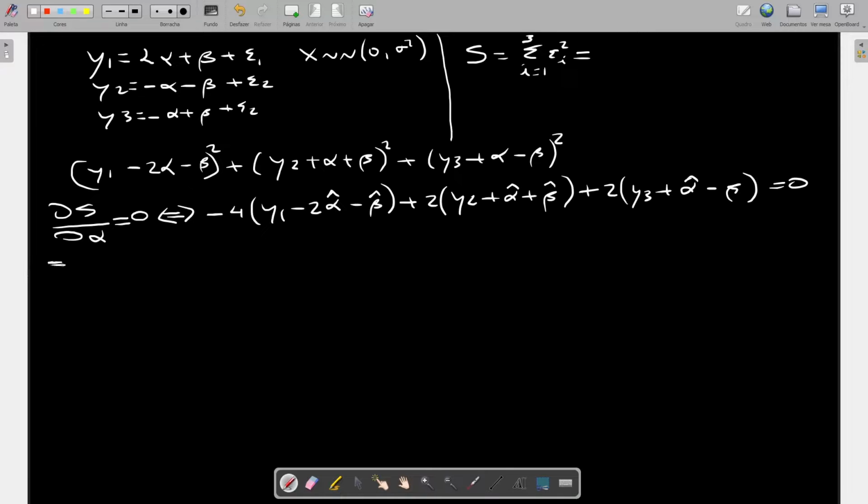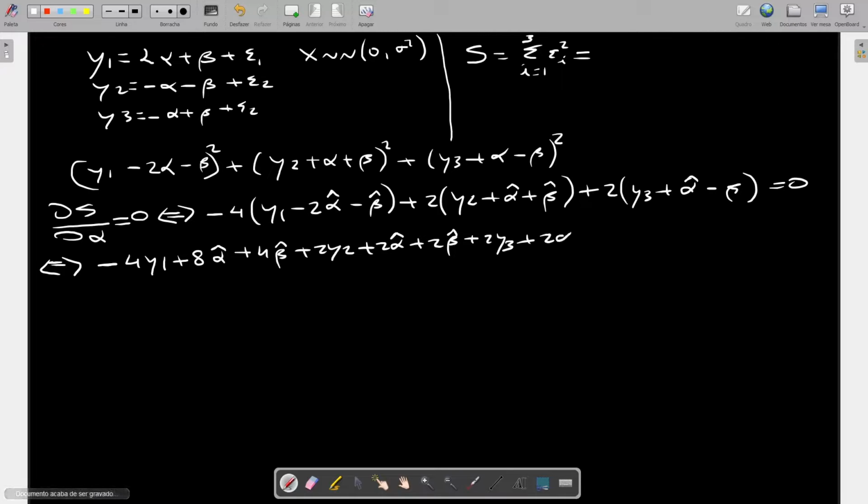The next step for you to do is to forget about complicated simplifications, just simplify each term. So minus 4 y1 plus, because minus with minus, so plus 8 alpha plus 4 beta plus 2 y2 plus 2 alpha plus 2 beta plus 2 y3 plus 2 alpha minus 2 beta equal to 0.